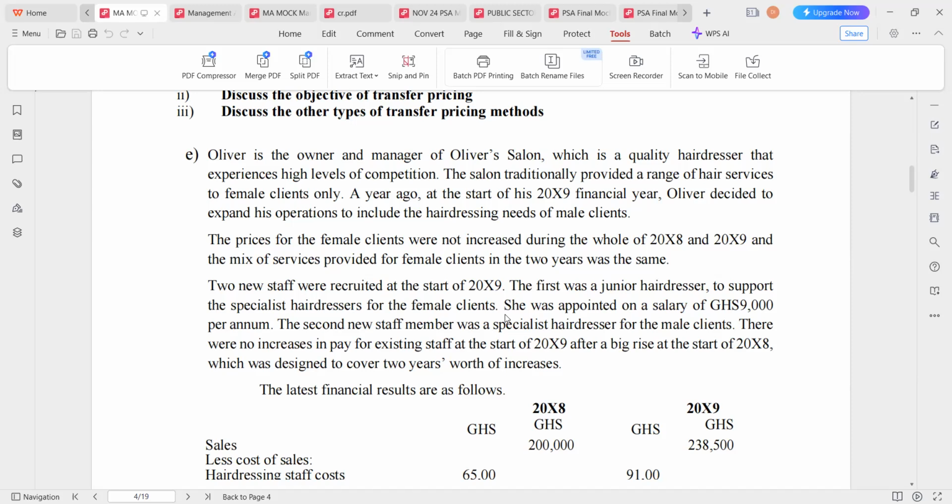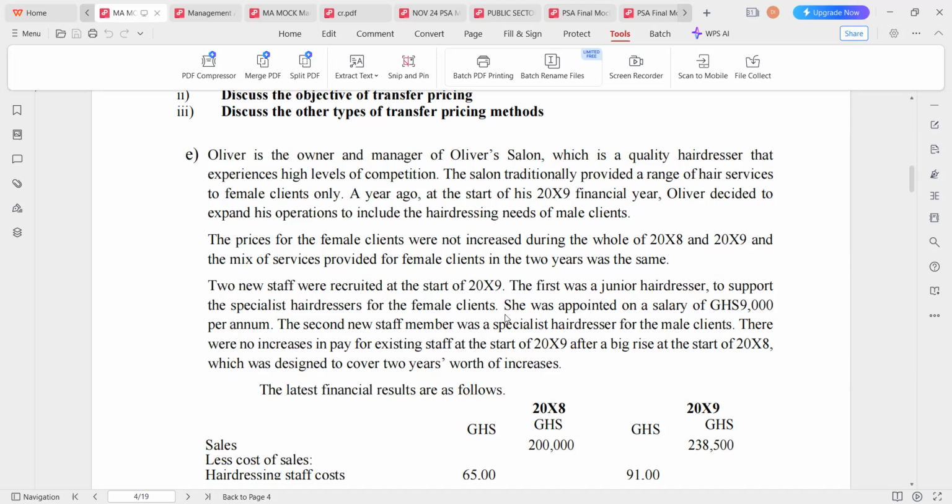The price for the female clients was not increased during the whole of 2018 and 2019.